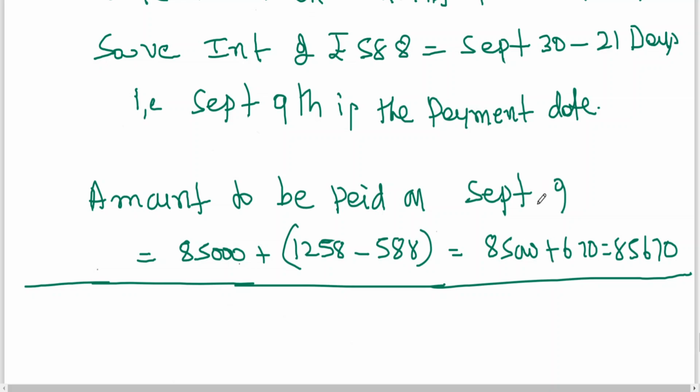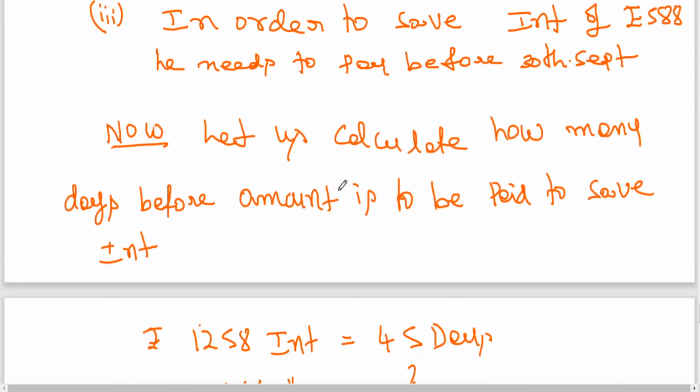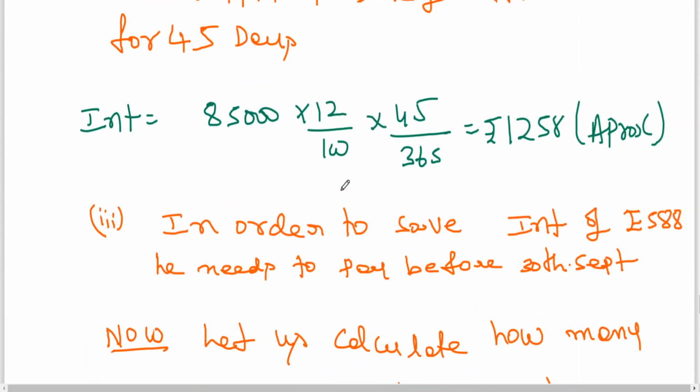If anybody is interested, you also can calculate interest from the average due date up to September 9, and you'll be getting the same 670 rupees. If you want, you can cross check. What is the average due date we got here? 16th August.